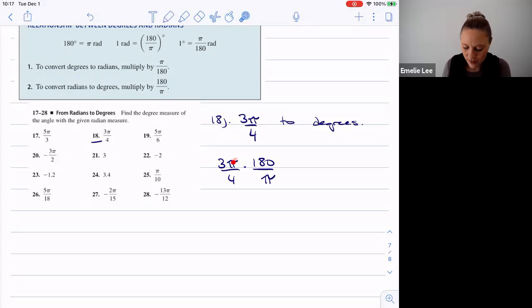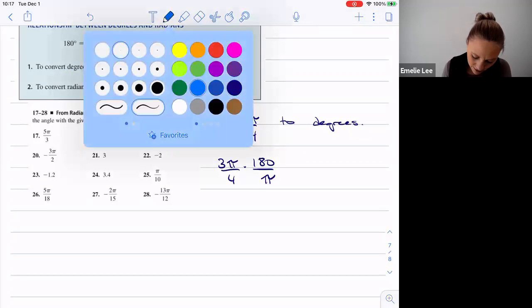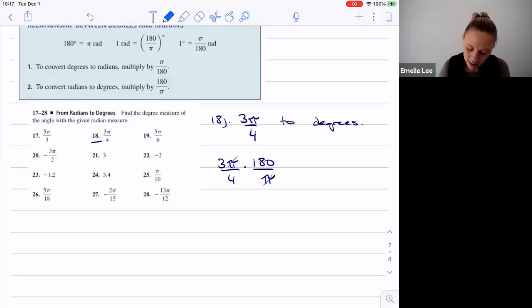Notice that the pi's cancel, and because they're exactly equal, I'm allowed to do that. And then I've got 3 times 180 over 4. Let's see if 180 easily divides by 4. It does. It becomes 45.